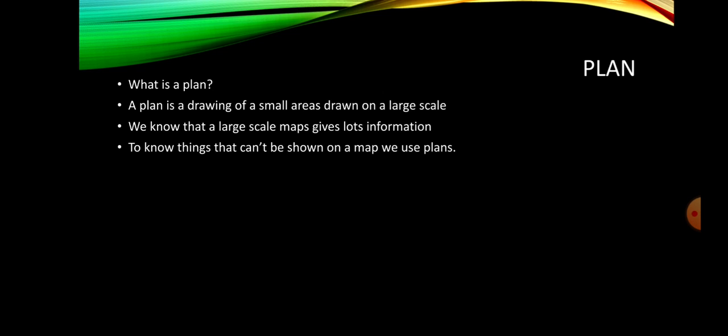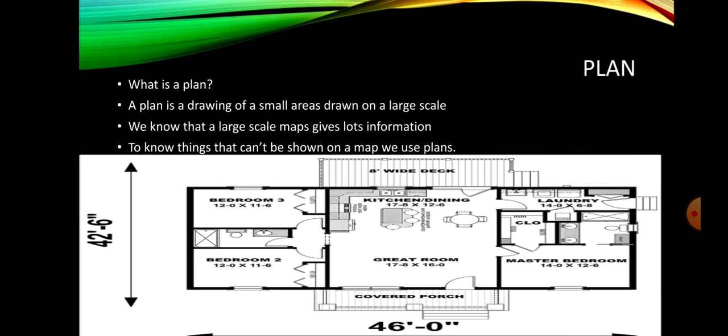But to know the things that we cannot show on a map, we use a plan. If we want to know anything of any particular place, then we are not using a map, we are using plans.